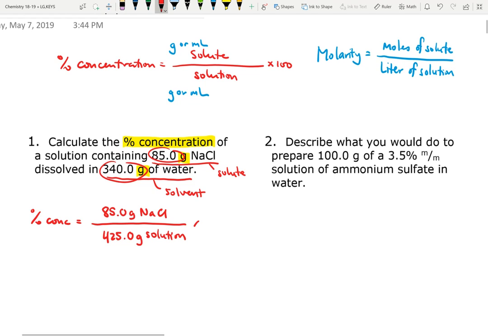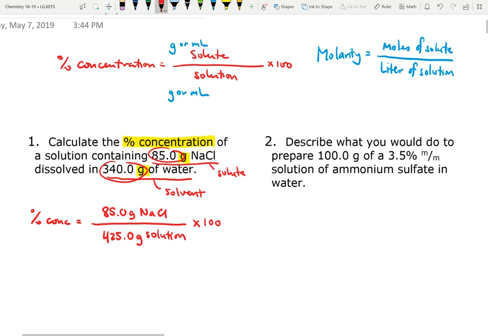In terms of calculating the percent concentration, don't forget that the equation calls for it to be times 100 at the end, because everything is being expressed as a percentage. Okay?